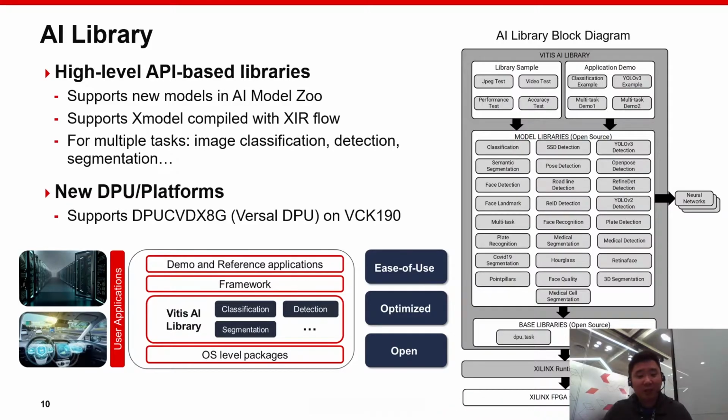So users could easily reproduce the benchmarks listed on our GitHub page. And the AI Library has done some optimization at the coding phase to avoid unnecessary cost at pre and post processing. All the code stated just now is fully open sourced, so users could use it directly or take it as a reference to do their own design.